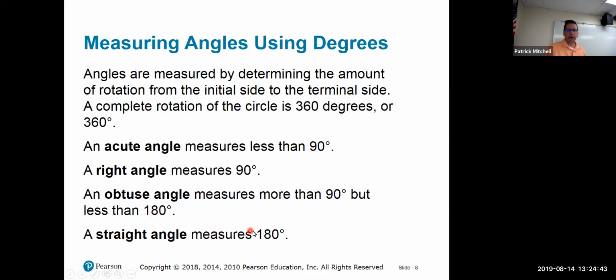And a straight angle is, well, it's the same thing as a straight line, okay? Measures 180 degrees. As far as I know, there are no special names for angles that land in quadrant 3 or quadrant 4. Okay, but we do have these names for an angle in quadrant 1 would be acute, an angle in quadrant 2 would be obtuse.